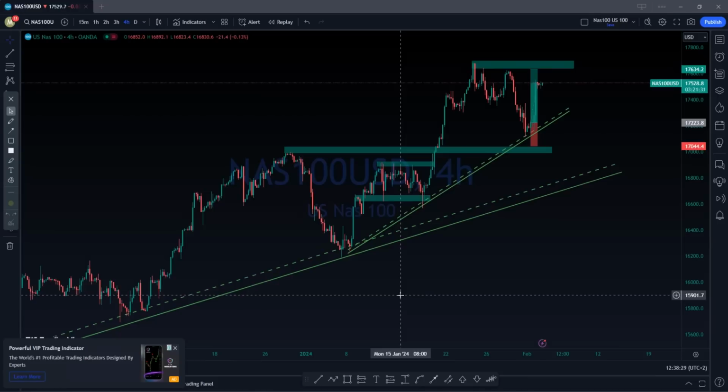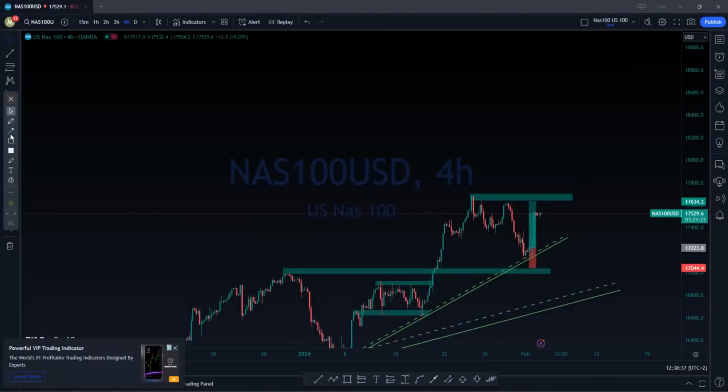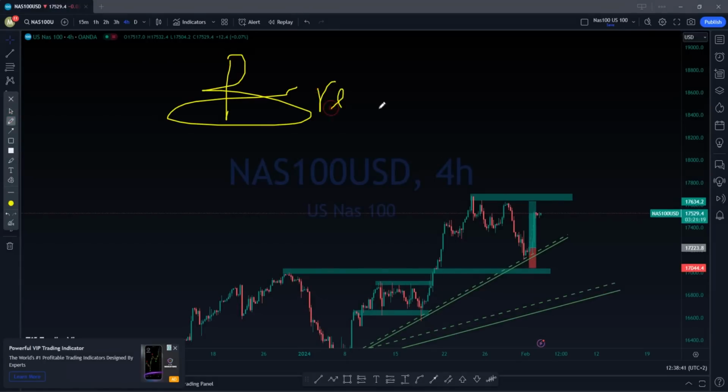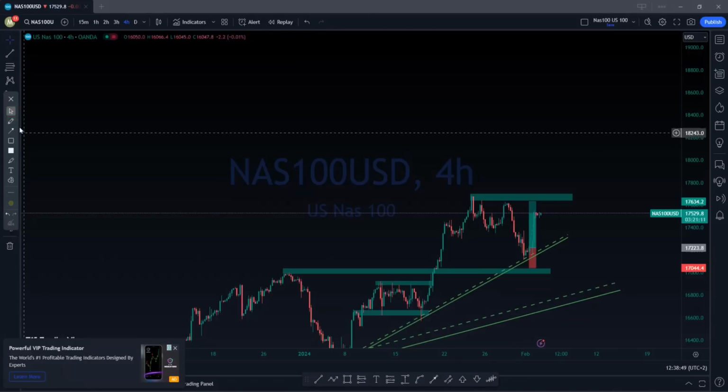Okay. So what we are going to talk about now is the breakout. But before we go to the breakout, I will just try to refresh your mind on how we approach the market. I know it's quite simple.